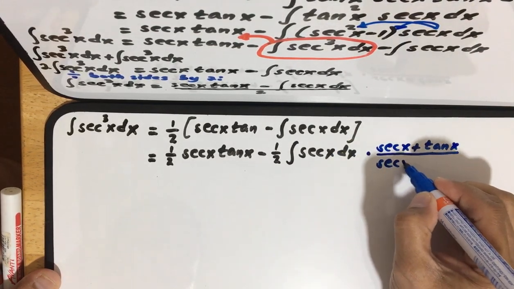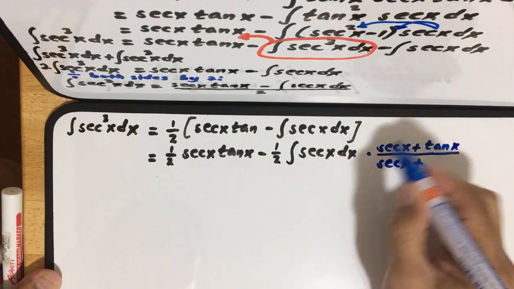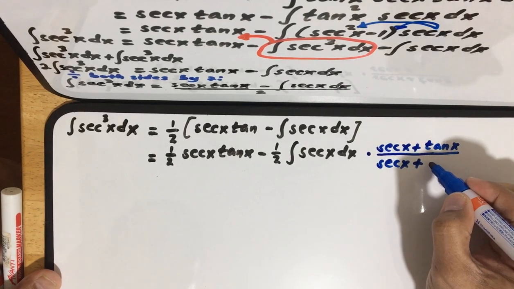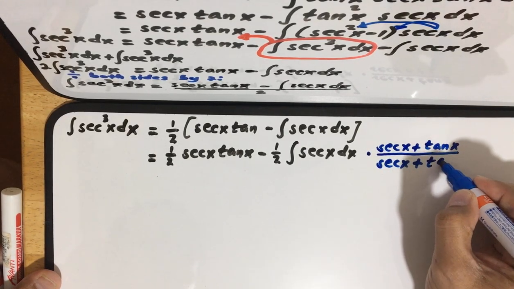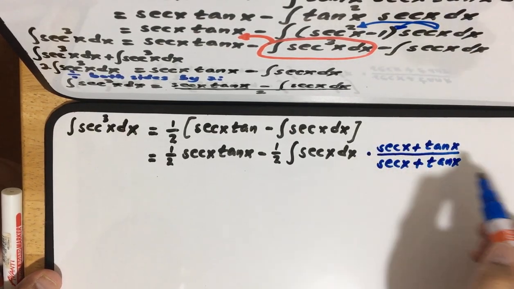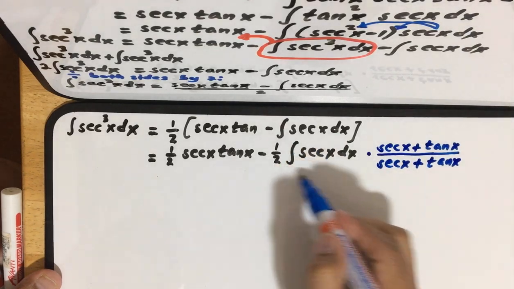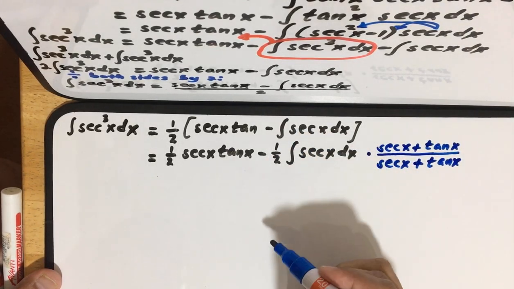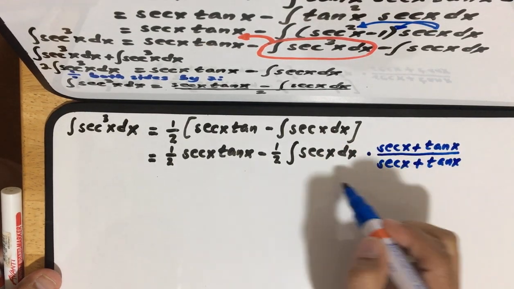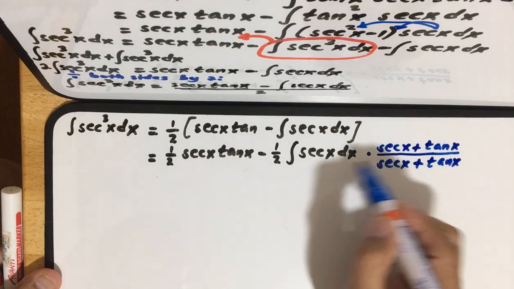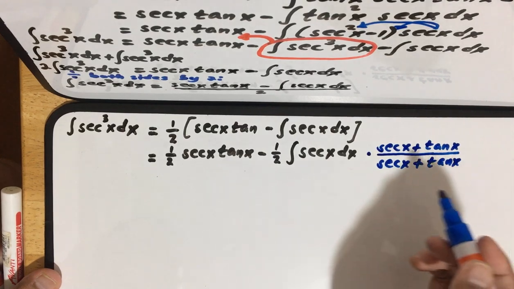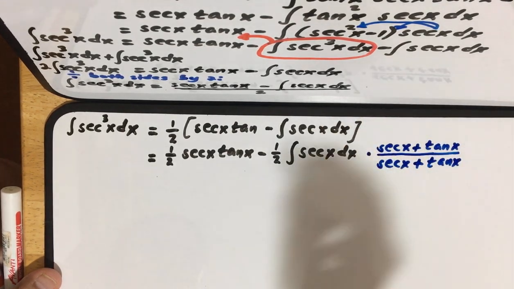To balance it, to make it the same as this one, you also divide by this one. In other words, we're just multiplying by 1, because the numerator and denominator are the same, so that is equal to 1. We're not changing this integral. The purpose is that we can manipulate this in such a way that we can make use of the differential calculus formulas and the integral calculus formulas.